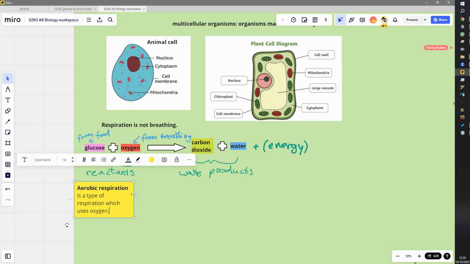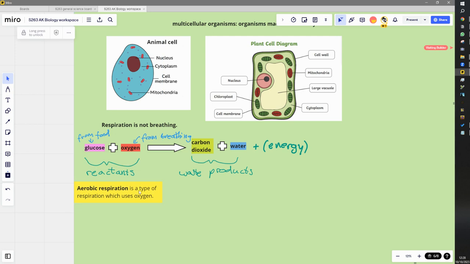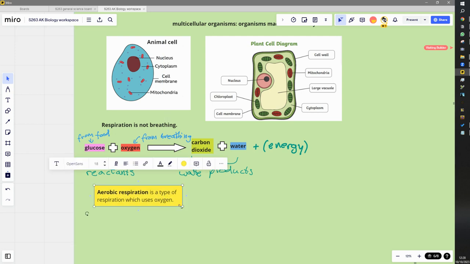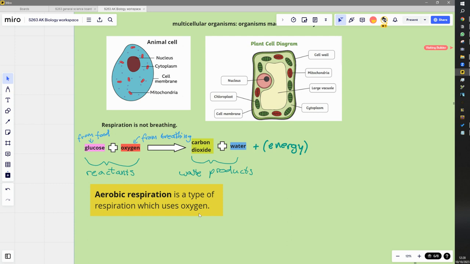If you've just started learning about respiration, you'll think, well, surely all respiration uses oxygen. But no, you've been learning about aerobic respiration. And there is another type of respiration called anaerobic respiration. Now, aerobic respiration is more efficient than anaerobic respiration, which I'll show you in a moment.